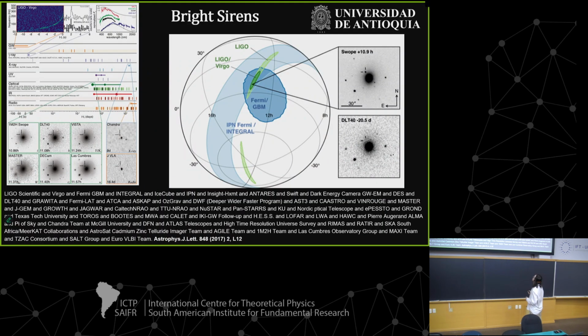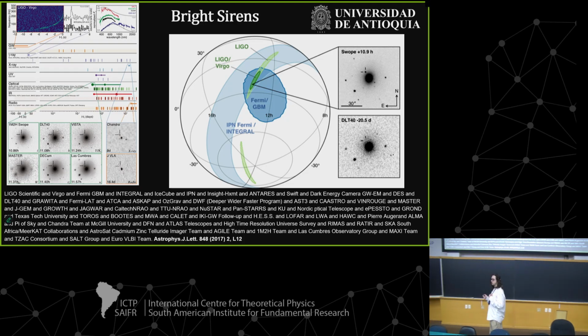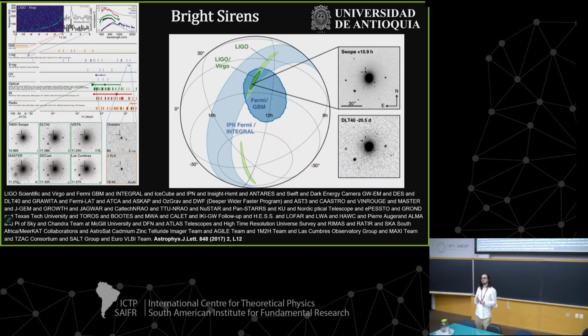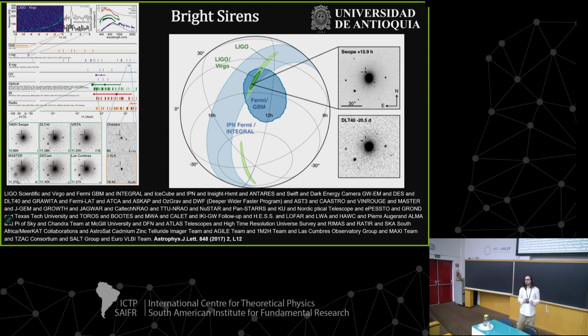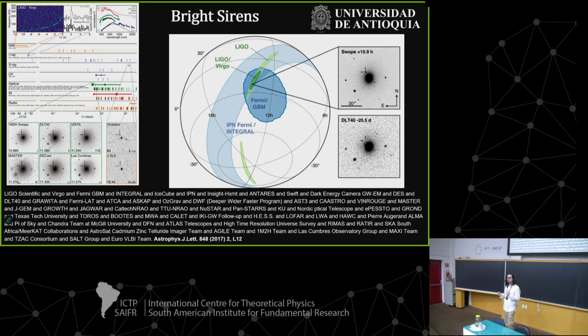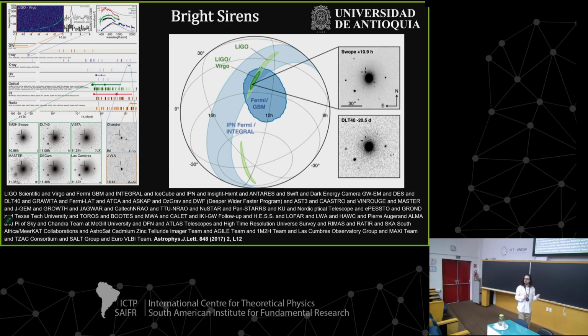But then, in 2017, the LIGO-Virgo collaboration detected this golden event, which is the bright siren, the only bright siren that has been detected so far. This is very important because in this case there was detection of the electromagnetic counterpart. That's why it is called a bright siren: you detect the gravitational waves and you also detect the electromagnetic waves.